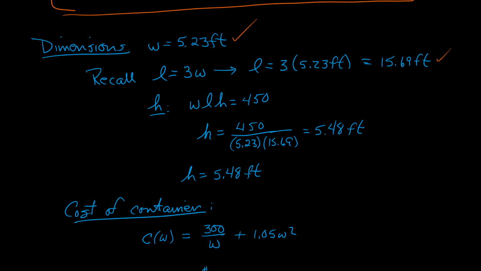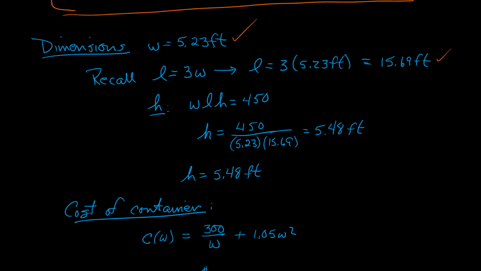I can solve for height by dividing the 450 by the width times the length, which is what we have right there. When we work that out, we get a height of 5.5 feet. Okay, so now we know the dimensions of our container, basically 5.23 feet by 5.48 feet tall by 15.69 feet long.